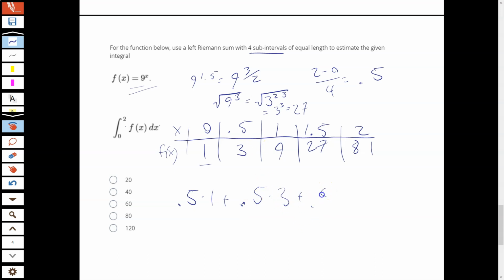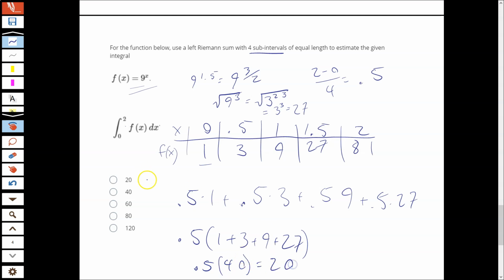Then 0.5 again times 9. 0.5 again times 27. And the easiest way to do this is notice that 0.5 is a common factor. I'm left with 1 plus 3 plus 9 plus 27, which to me is a satisfying pattern. These add up to 40 on the inside, so 0.5 times 40. My result is 20 is my Riemann sum.